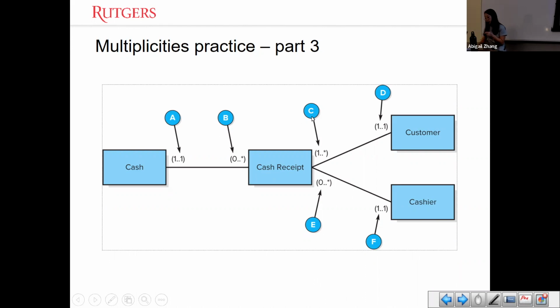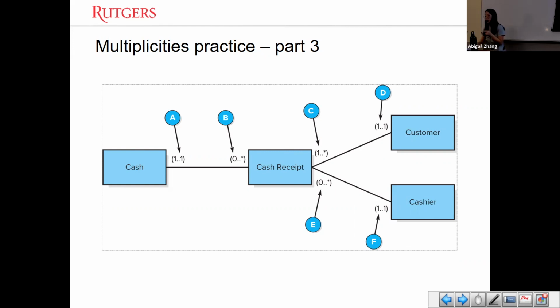Number C, each customer is associated with 1 or more cash receipts, or you can say each customer can write 1 or more checks. Let's say the customer paid by cash and they write checks, to make it simpler. Then it says that a customer can write 1 or more checks, or multiple checks.